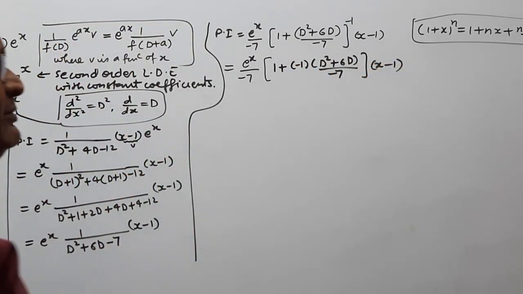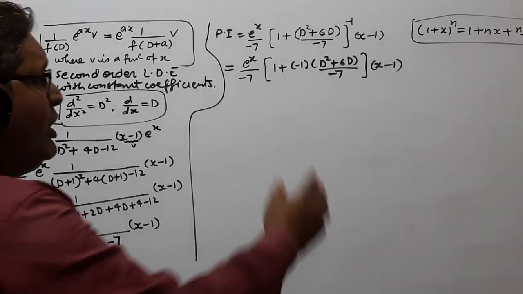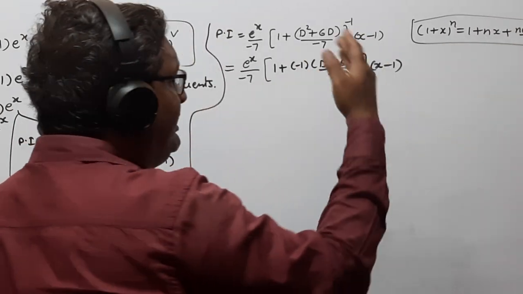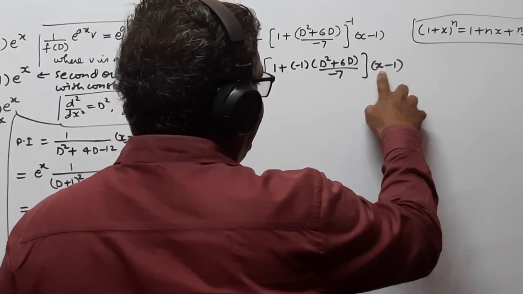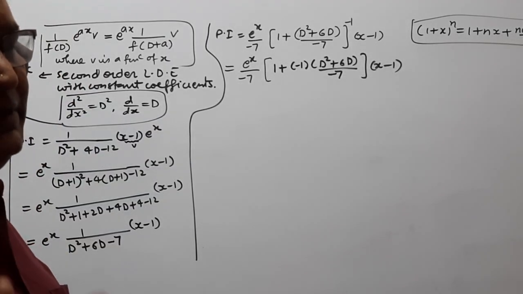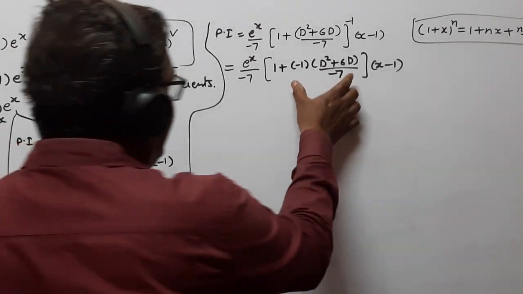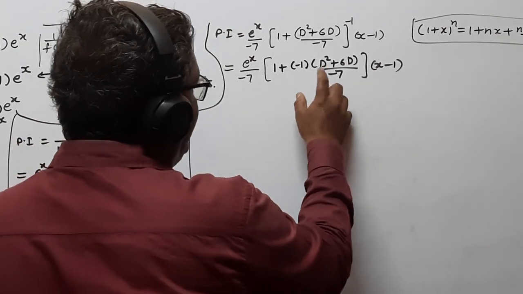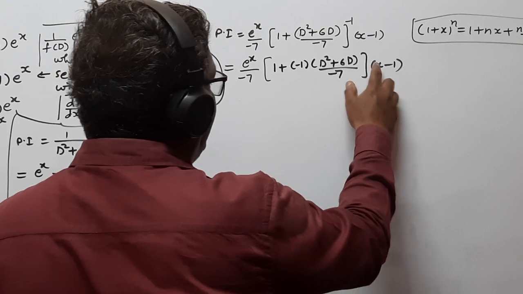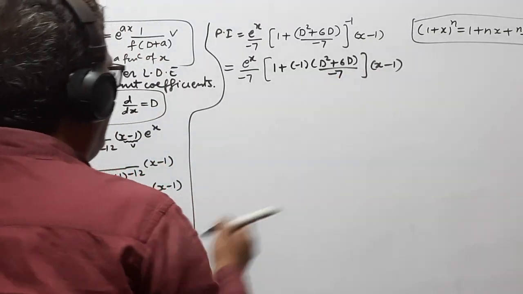Neglecting higher order terms of D, because when we take D cube, D4 and differentiate this x minus 1, it will be 0. So we take only those terms where the power of D and x are similar.